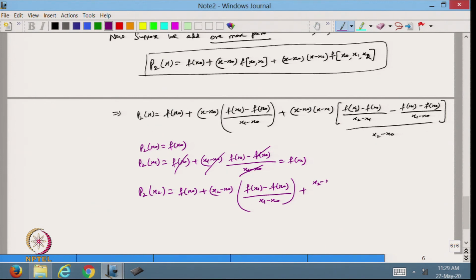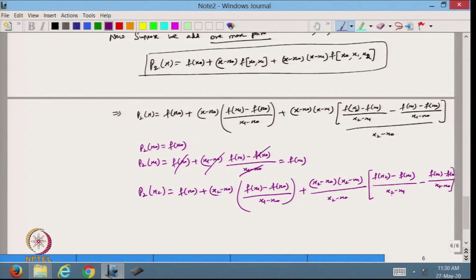So, this will be (x2 minus x0)(x2 minus x1), and divided by, here I am taking this (x2 minus x0), and then it will be (f(x2) minus f(x1)) divided by (x2 minus x1) minus (f(x1) minus f(x0)) divided by (x1 minus x0).